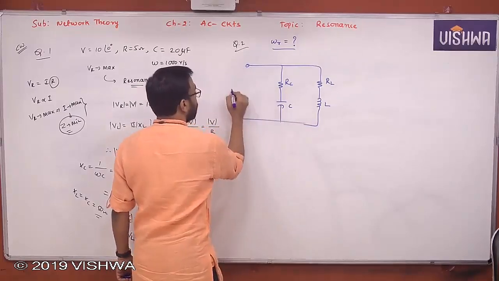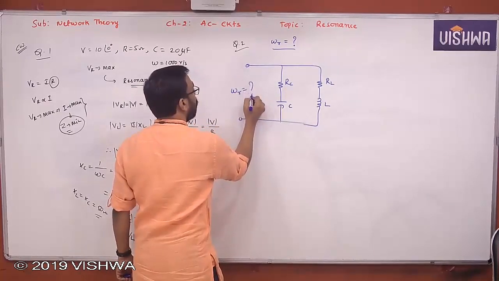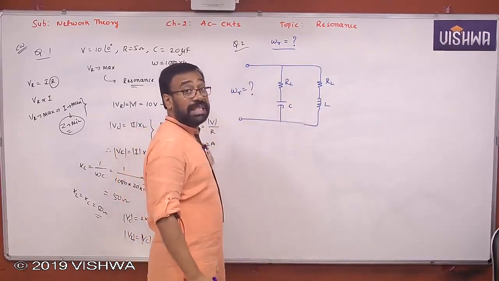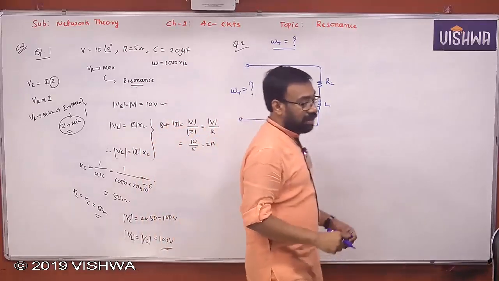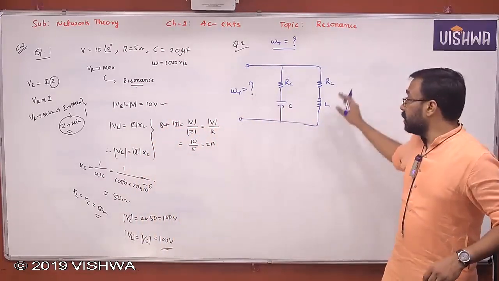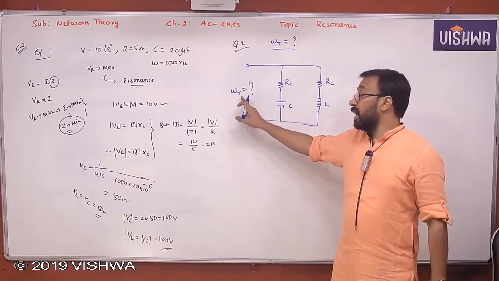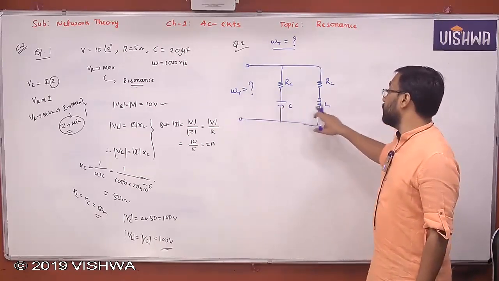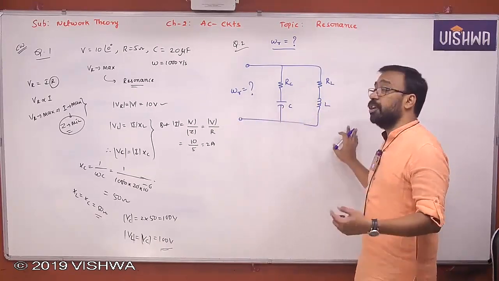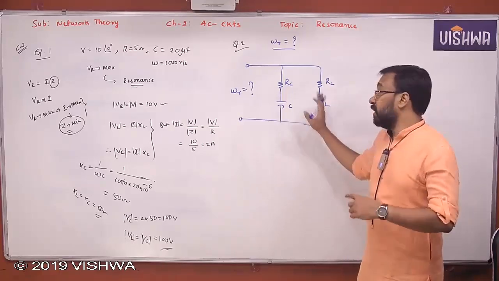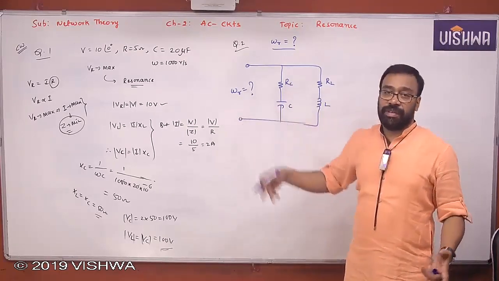Okay, so he's just asking what is omega R of this particular circuit. Understand? See, in the exam, he will give you all parameter values and he may ask you to find the resonant frequency. Sometimes he may give the resonant frequency and he will miss any one of these parameters and he will tell you to calculate that parameter for which the given circuit is resonant at a particular frequency.